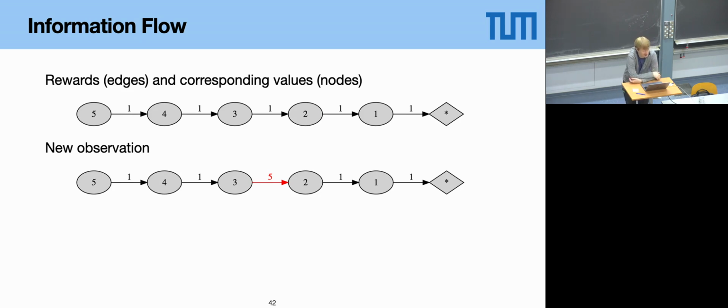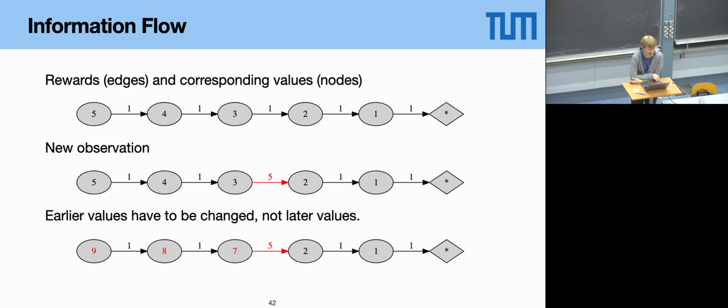Then this presents an inconsistency in this chain, and the question is how to resolve it. What happens in value prediction is that the information flows to the left. The predictions on the right are not affected by early observation of rewards, because values are defined on future rewards. So for values, information flows backward in time.